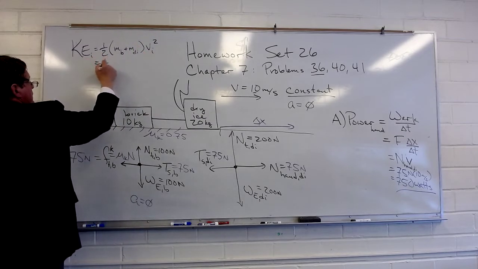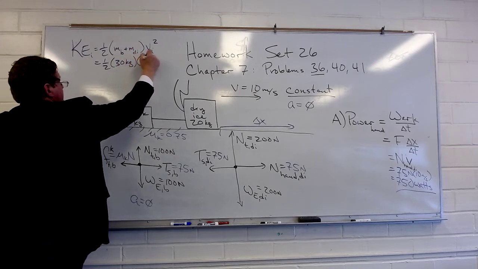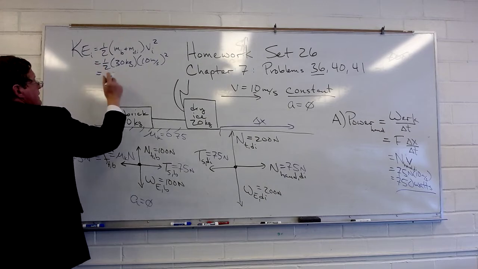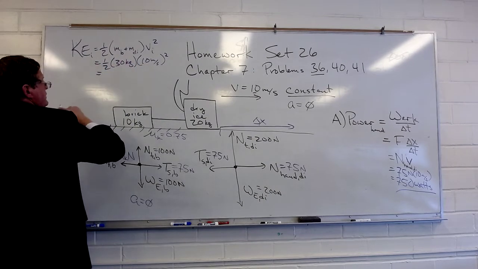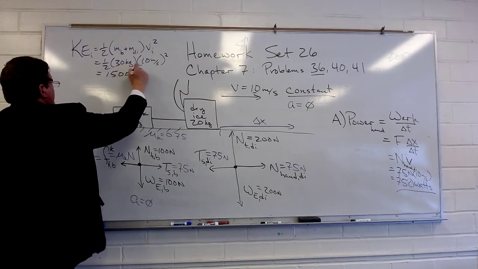Well, that's going to be 1/2 times 30 kilograms times 10 meters per second squared. That's 100 times 30, which would be 3,000, so there's going to be 1,500 joules.